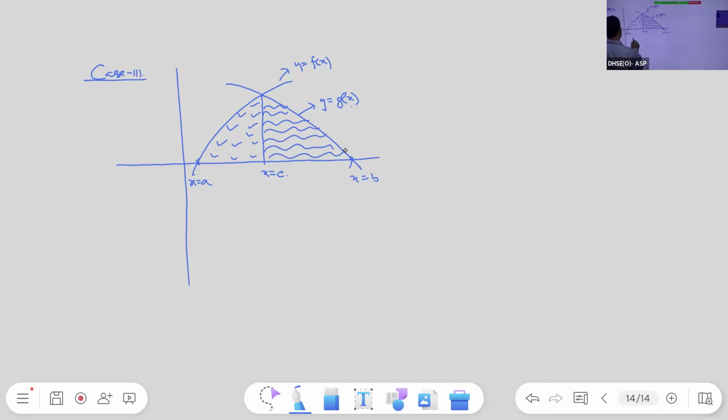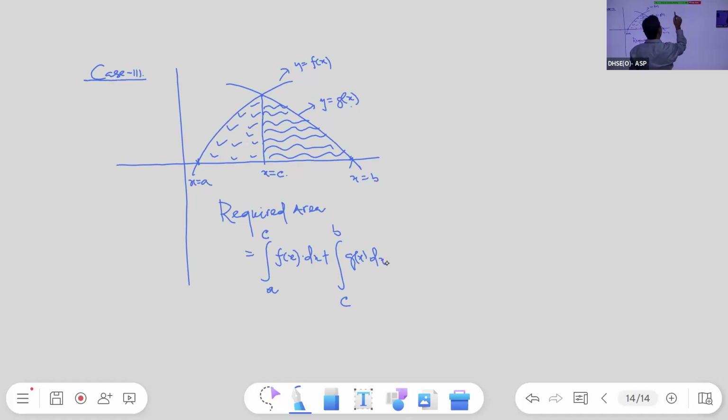So required area is equal to integral a to c f of x dx plus integral c to b g of x dx. This is our case 3.